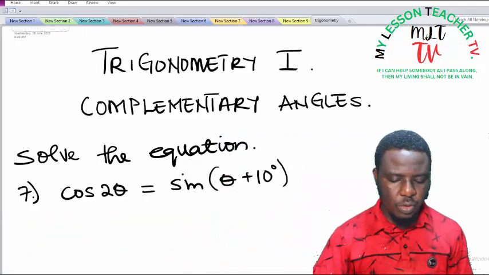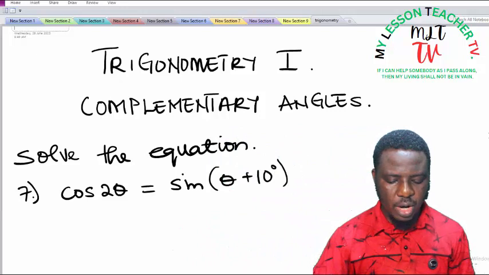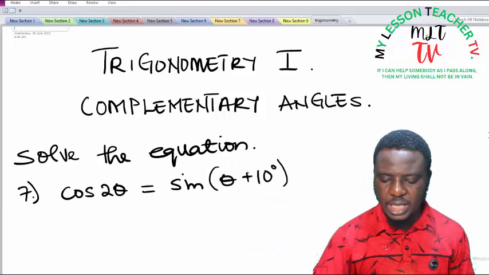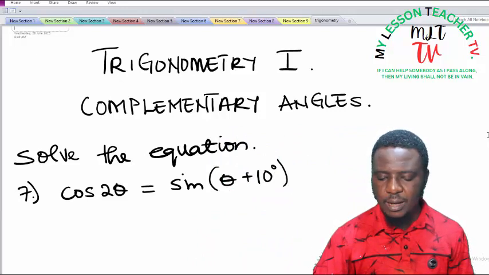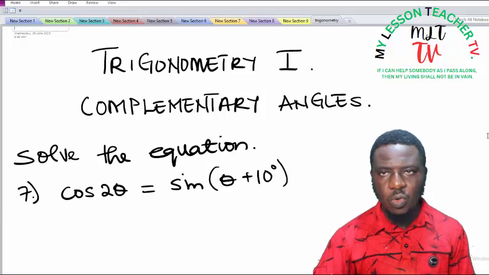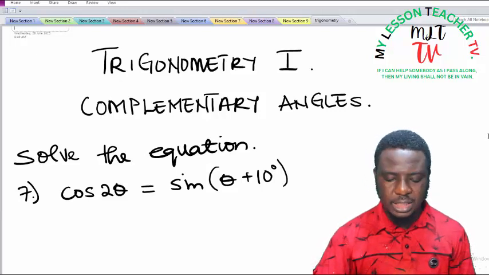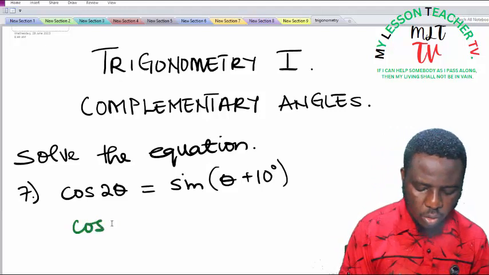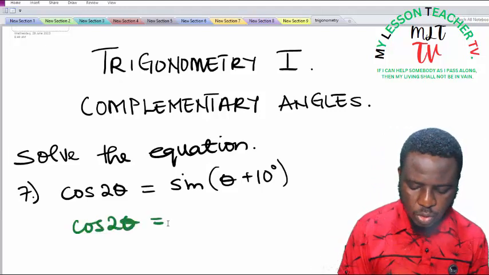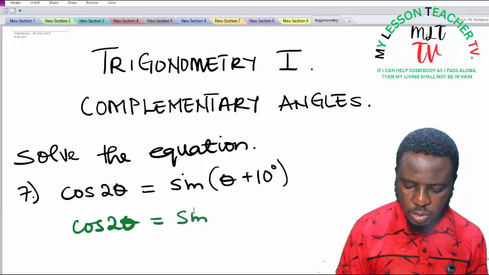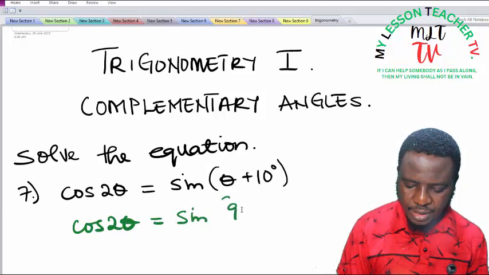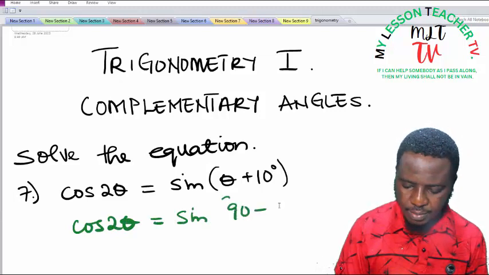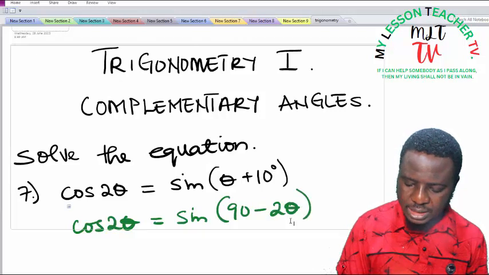Question 7, we are asked to solve the equation where cos 2 theta is equal to sine into brackets theta plus 10 degrees. Go ahead with the trig identity you have from the complementary angles that says cos 2 theta will be equal to sine 90 minus 2 theta.